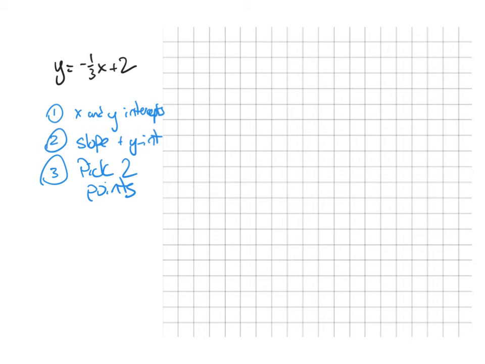When I look at this question, it does tell us we can go ahead and do any method we want. But I'll be honest with you, I truly think that method 2 is the runaway winner here. The reason is that in the equation, y is already by itself, so it's already in slope y-intercept mode, which makes it a lot easier for us.